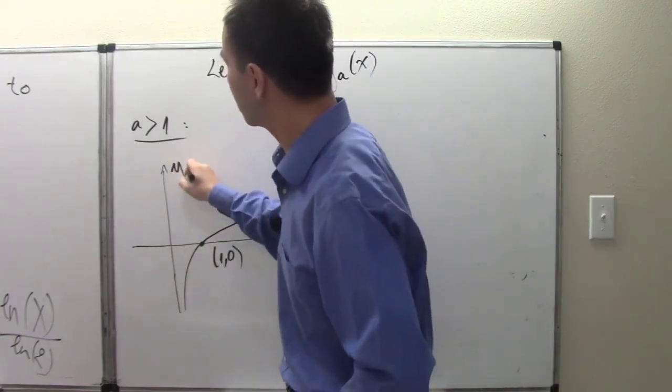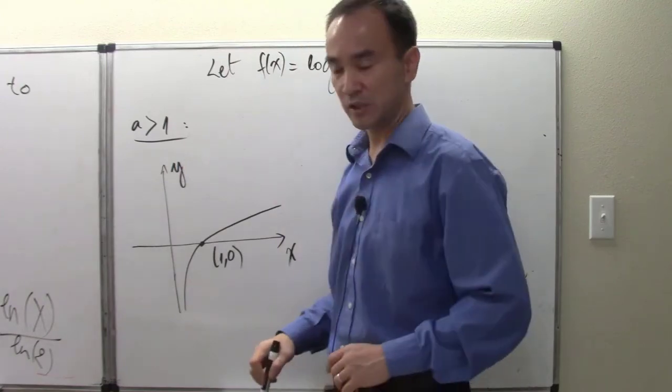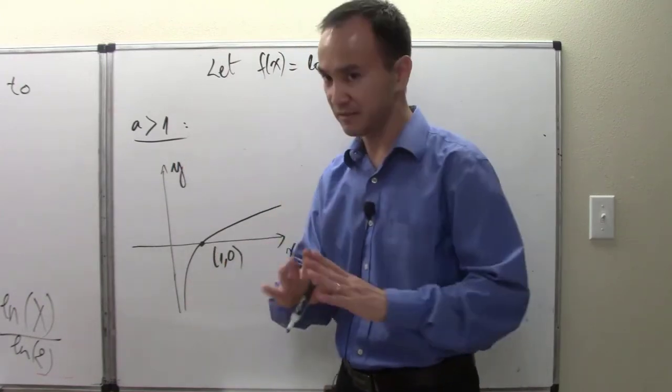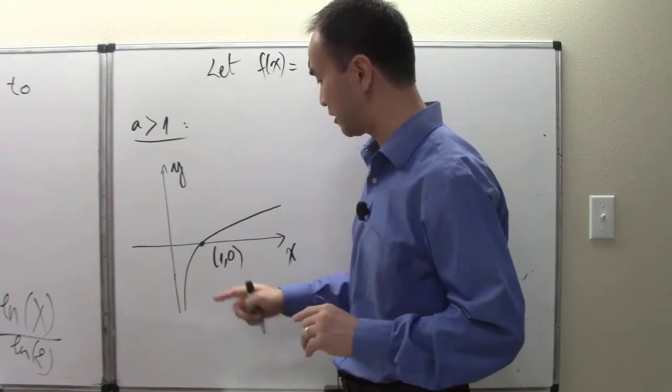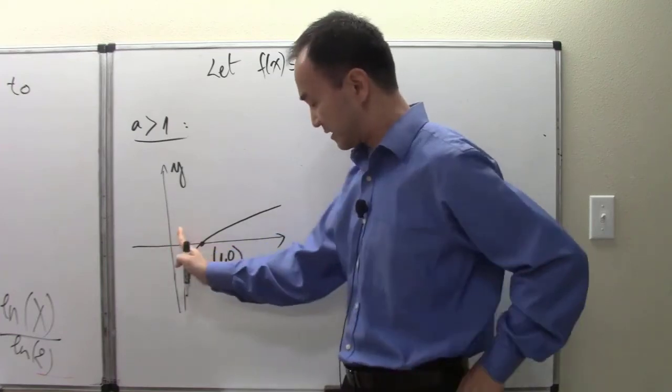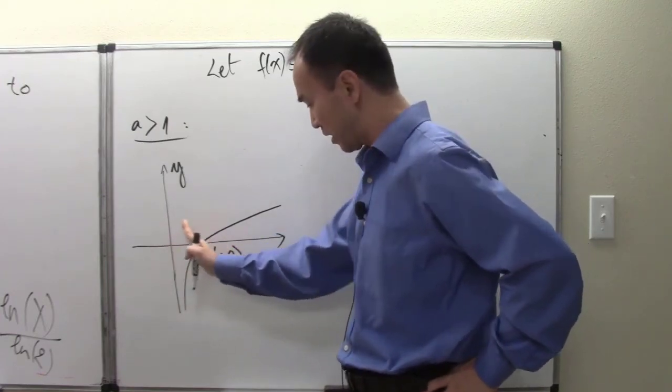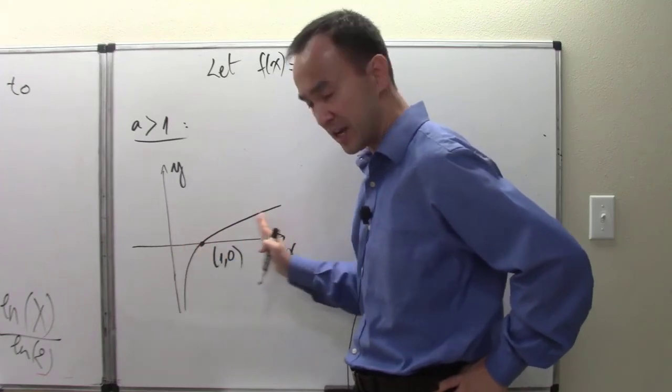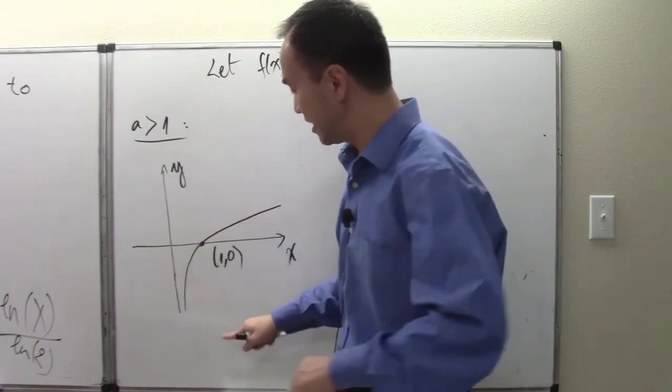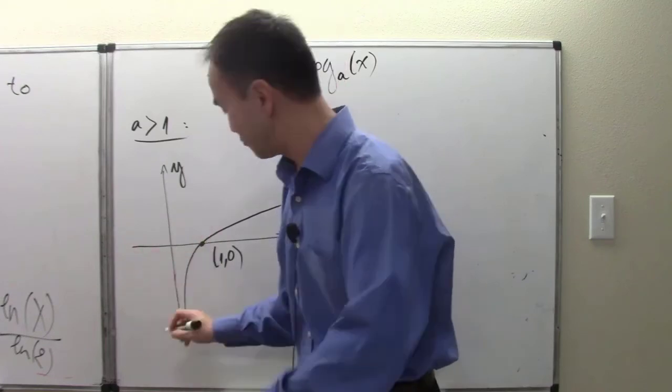So the y-axis is here, the x-axis is here. That's what we have. And any one of those graphs stays to the right-hand side of the y-axis. So now we can formalize all of that.